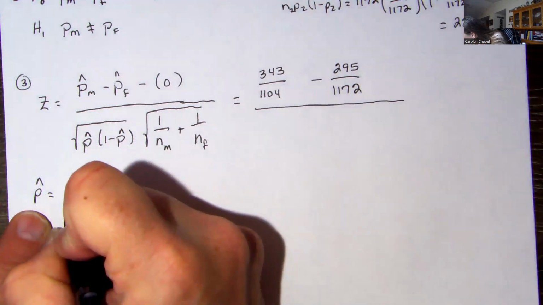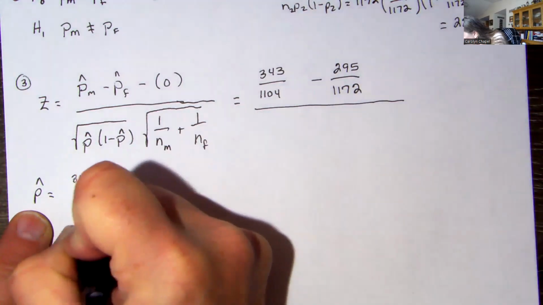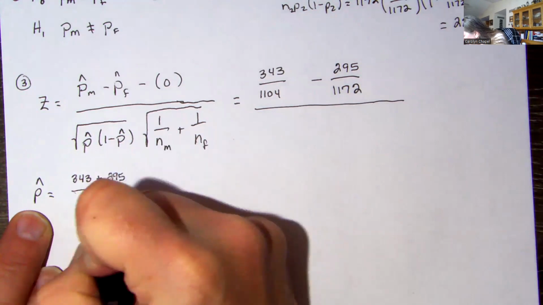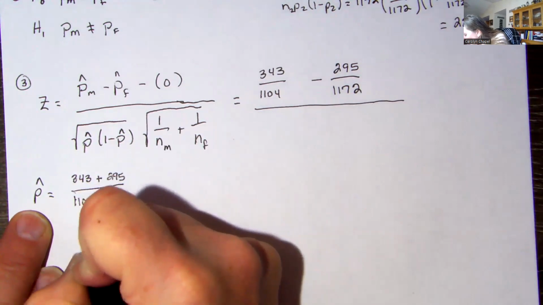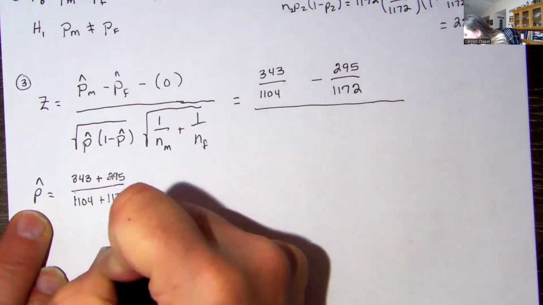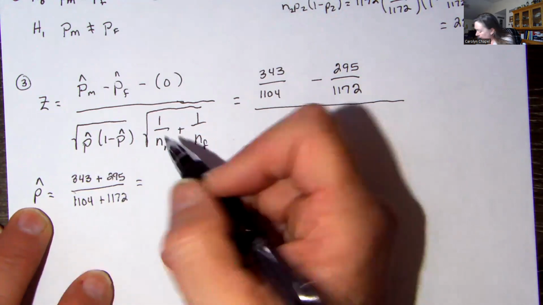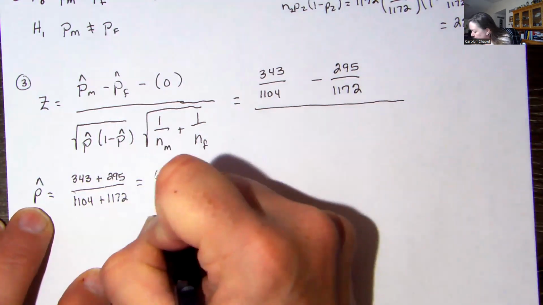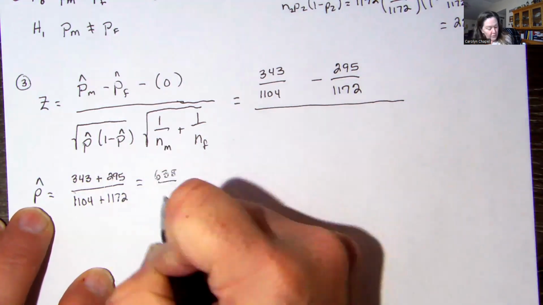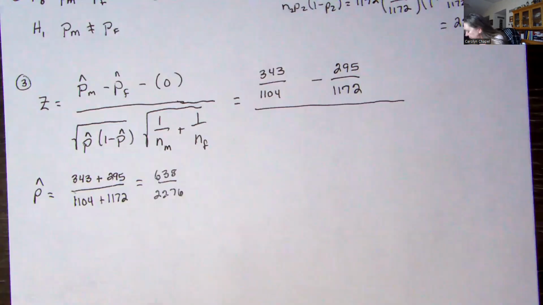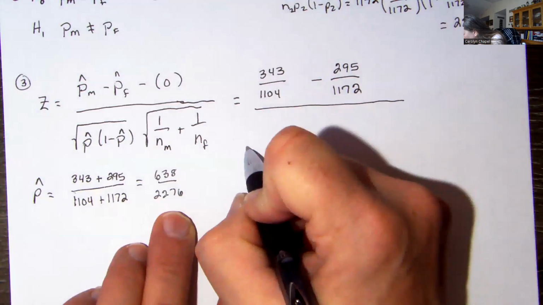That's my 343 added to my 295 out of my 1104 plus that 1172. Adding those together, I have 638 over the 2276. So that's going to go in here.